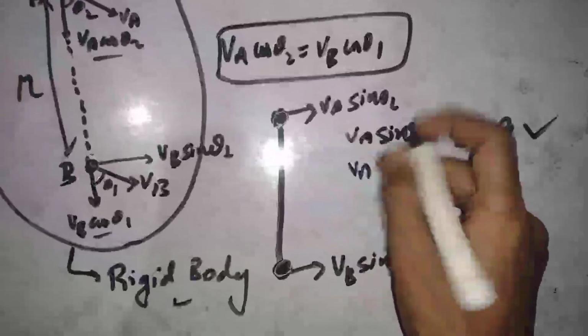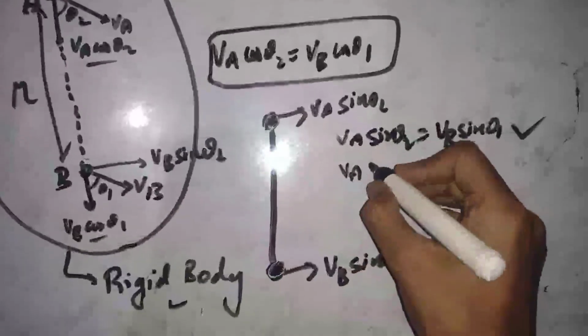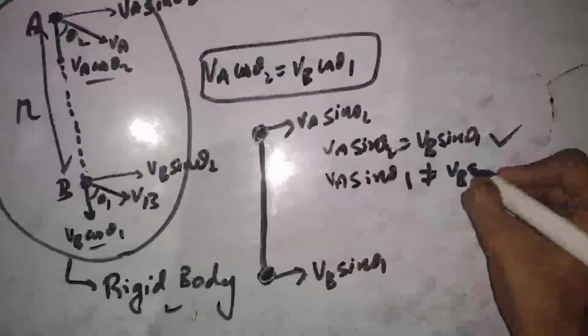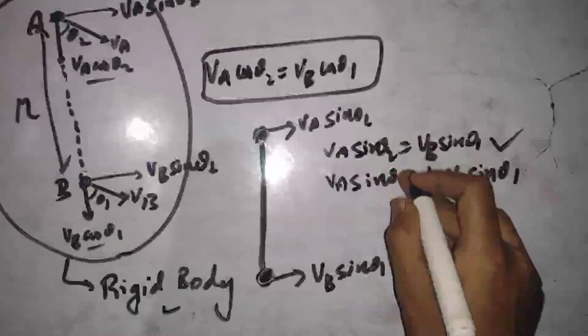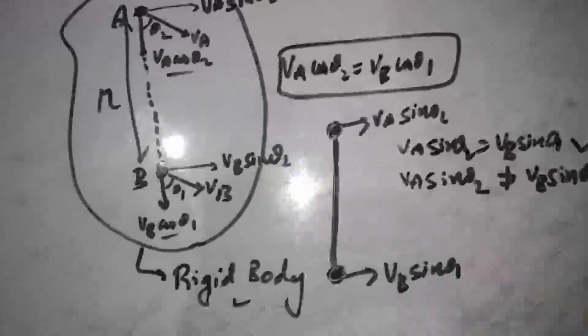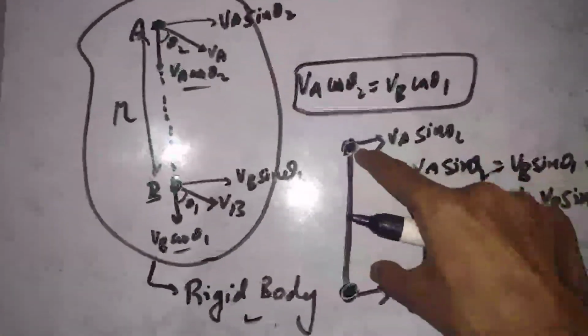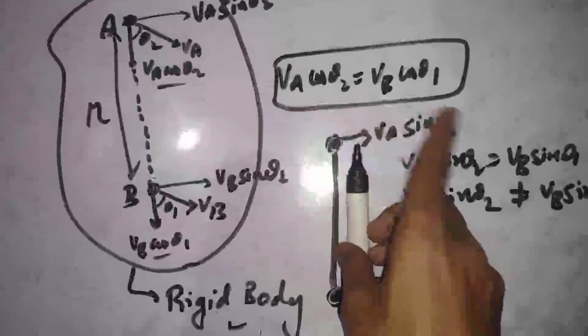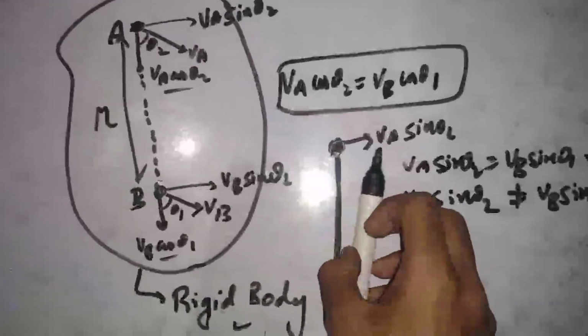What if these velocities are different? For example, VA sine theta 2 is not equal to VB sine theta 1. If these velocities are not equal, then this will move in a circle. For example, if this end of the rod is moving faster, then this will move in a circle.